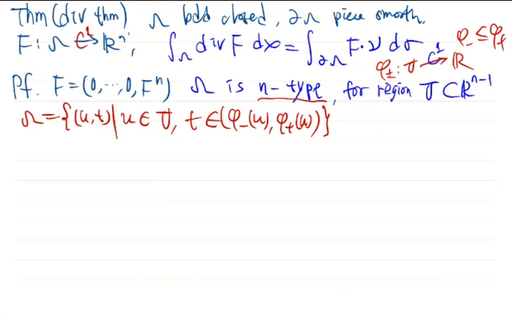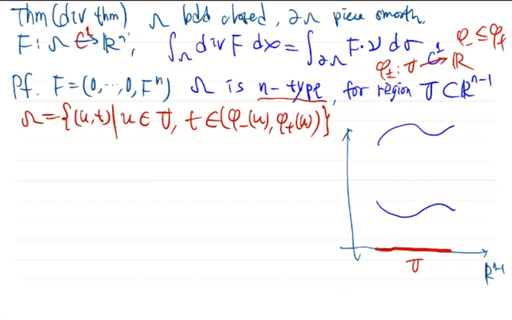So we have a picture here. This is Rn-1. This is U. Then this is the graph of phi plus. This is the graph of phi minus. The graph of phi plus is always above the graph of phi minus.